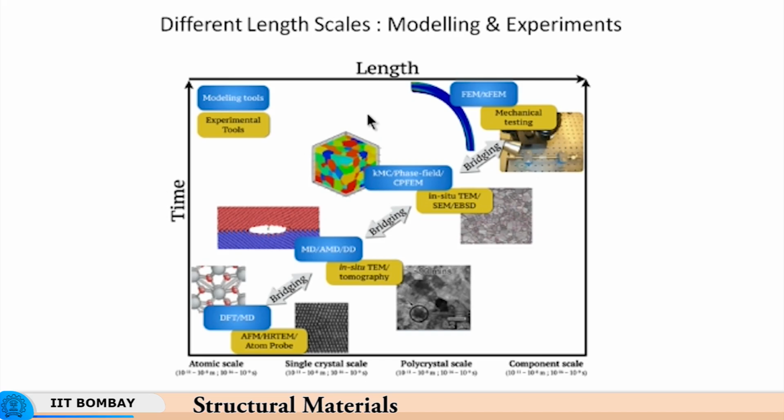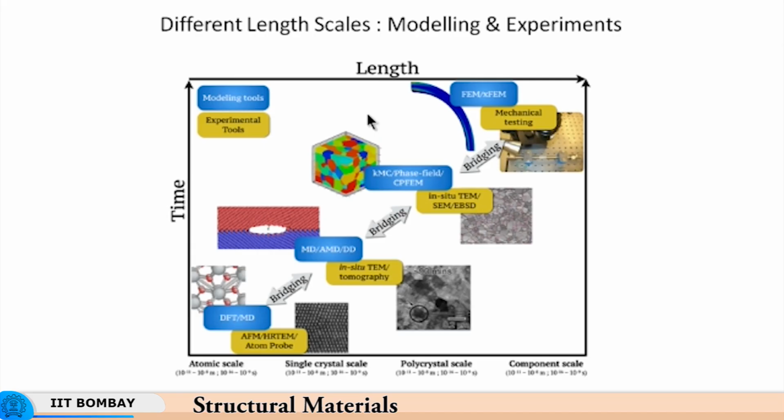So, there are several such techniques which are available at atomic level or angstrom length scales. So, we have atomic scale which is here, and these are the techniques available at atomic scale.